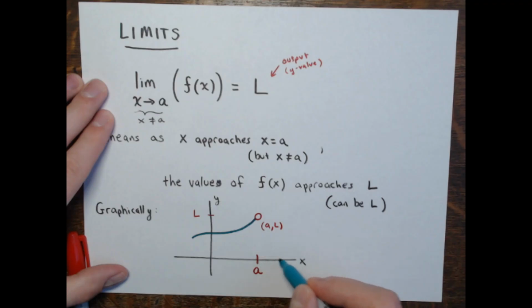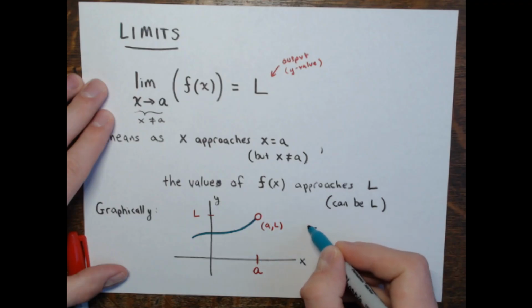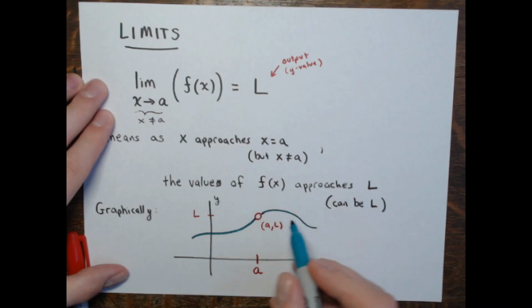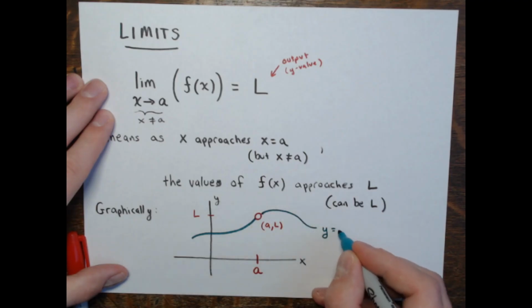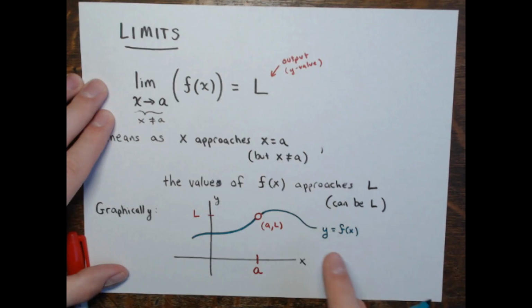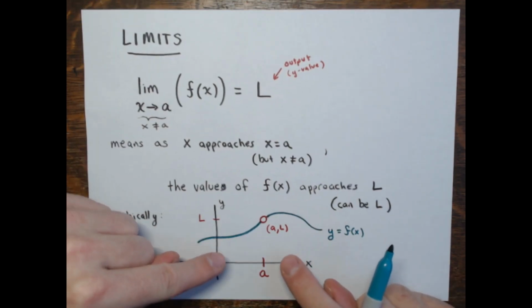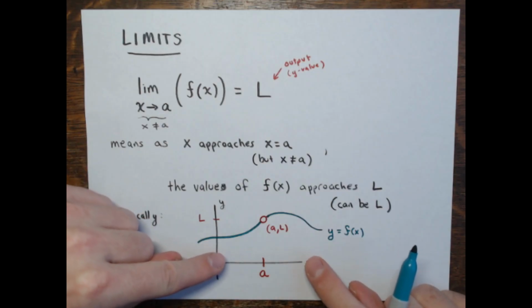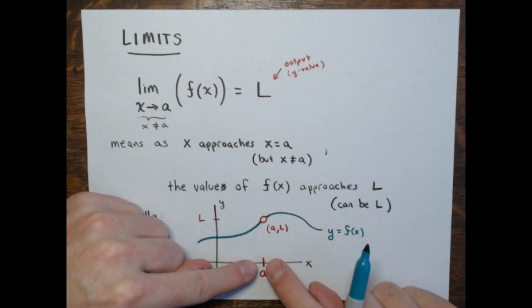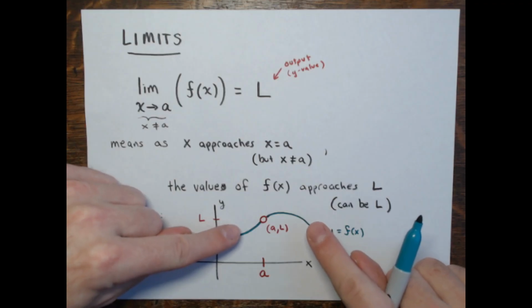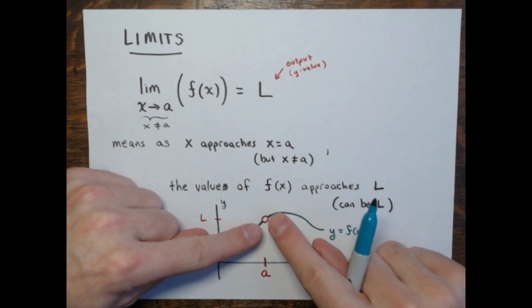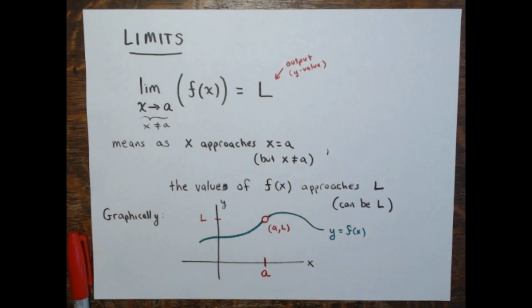So as I get closer to a on the right side, the graph approaches this location. Here's y equals f of x. So again, from both sides of x equals a, as the x value gets closer and closer to a, our graph gets closer and closer to this location with a y value of L.